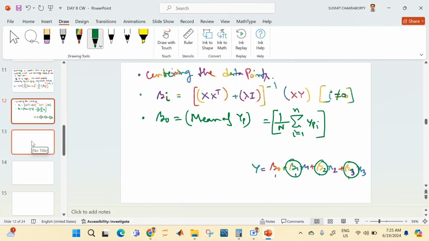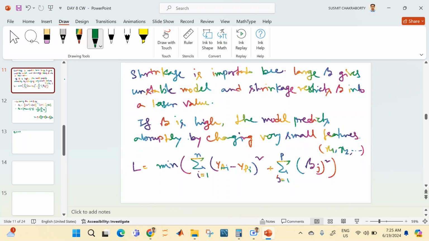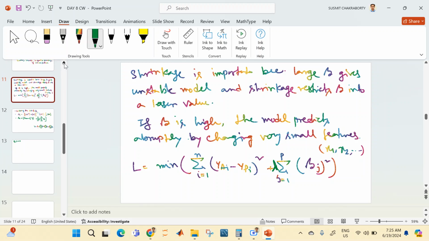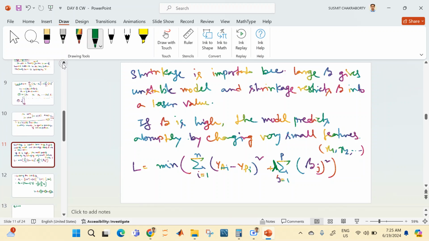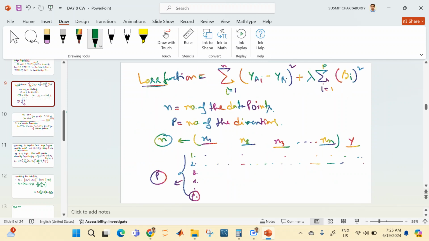Okay, so here one important concept is how to find the lambda. Remember, if lambda equals 0, just think about it. In this equation, I have not written the lambda, right? So lambda should be written here. In the first equation, did I write lambda or not? Yes, here I have written lambda.